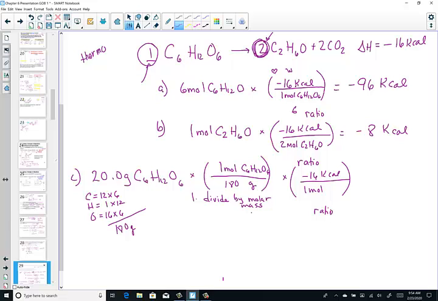Step 1, divide. Step 2, your ratio, and that will land us at the kcals of energy, and we know it will be an exothermic answer. 20 divided by the molar mass of 180 times negative 16. And this gives me negative 1.78.